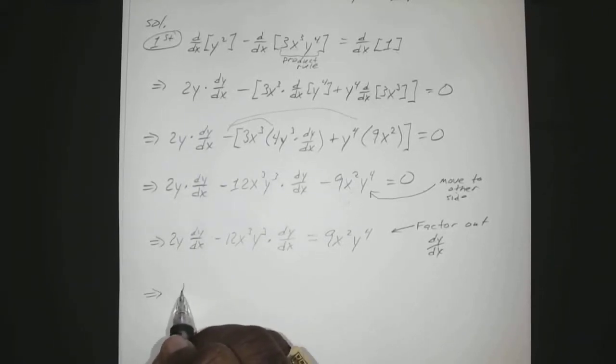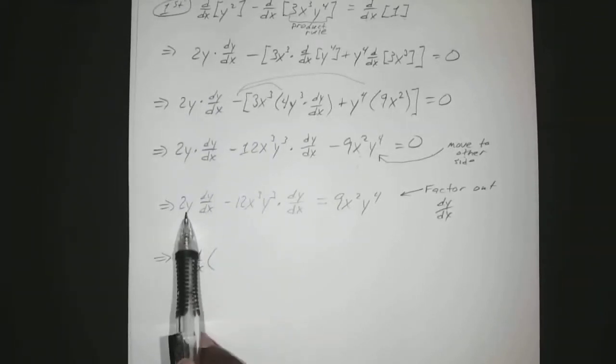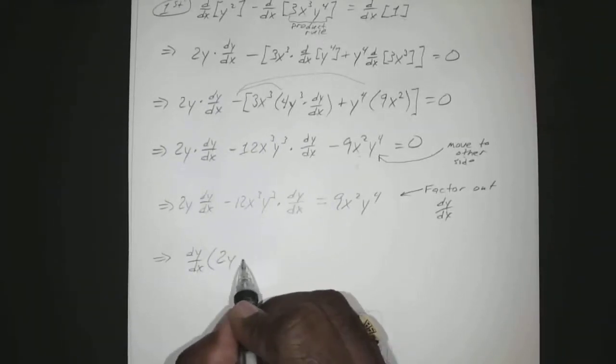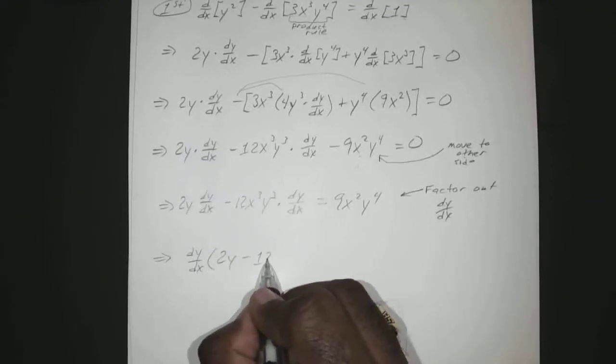Okay, so if we factor out our dy/dx, that leaves us with 2y minus 12x to the third, y to the third.